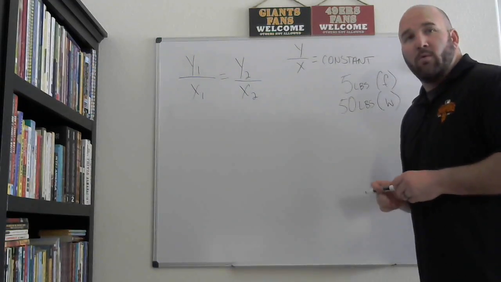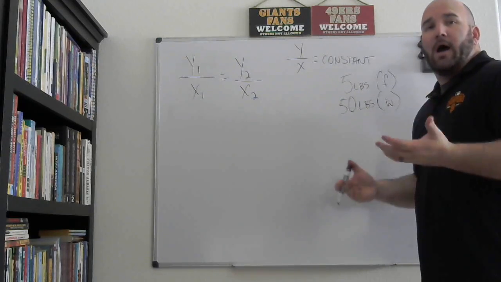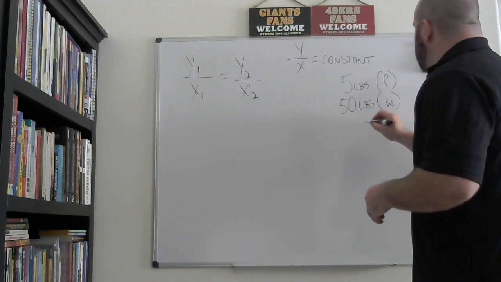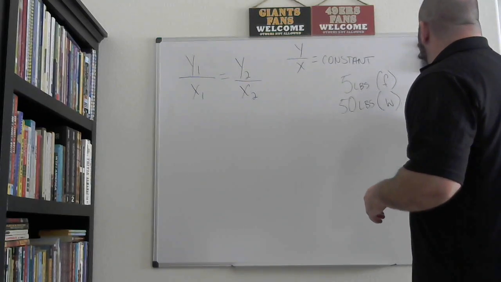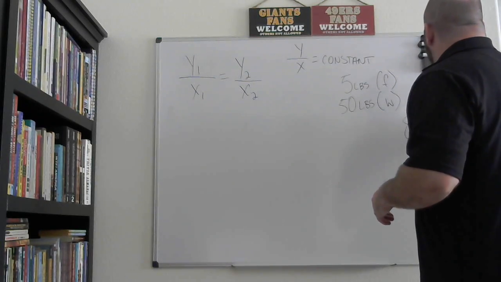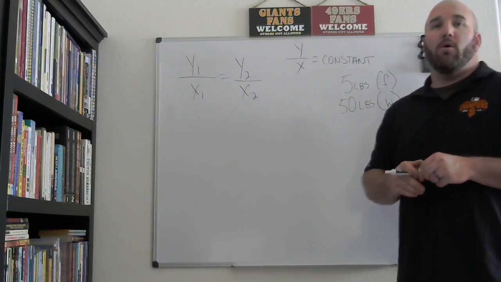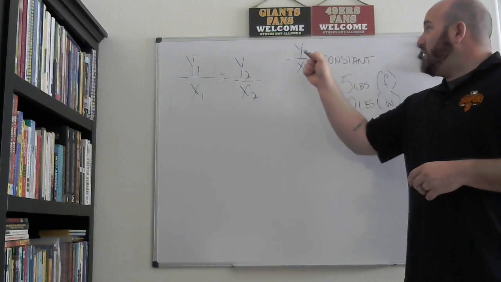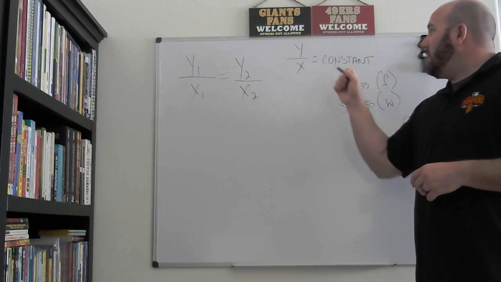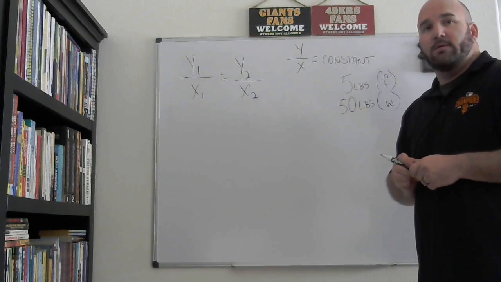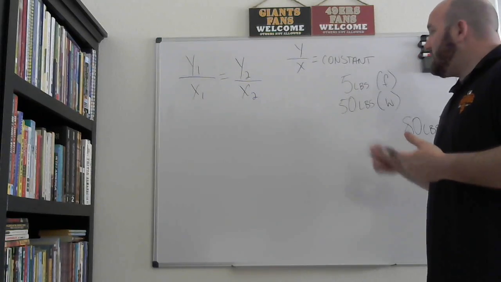Okay? And we want to know how much pressure do we need to lift, let's say, 80 pounds. Okay, we don't know that answer. But what we do know is that the ratio of y divided by x is going to be the same no matter what. So, how do we set this up?